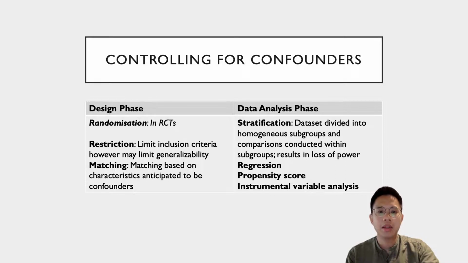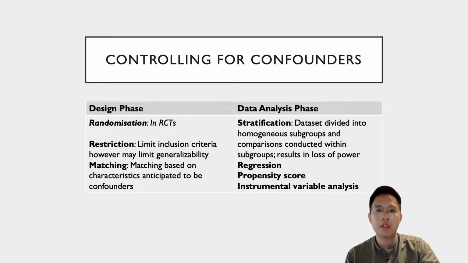Matching can also be done. We can match patients or subjects based on certain known characteristics. So this is at the design phase or the pre-analysis phase. At the data analysis phase, there are different tools that can be used. The data set can be divided into different subgroups based on known potential confounders, for example age, gender, and disease severity, and the analysis takes place within these stratified subgroups.